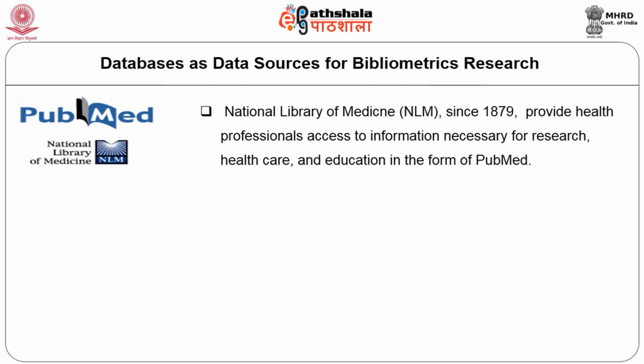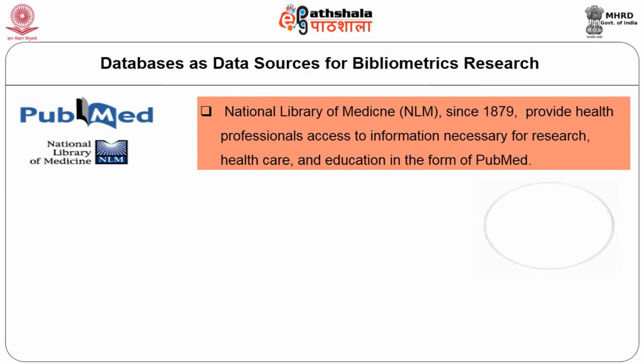Medline contains journal citations and abstracts for biomedical literature in many languages from around the world. Since 1996, free access to Medline has been available to the public online via PubMed. It comprises more than 22 million citations for biomedical literature from Medline, life science journals and online books.